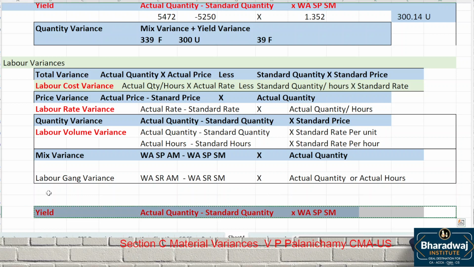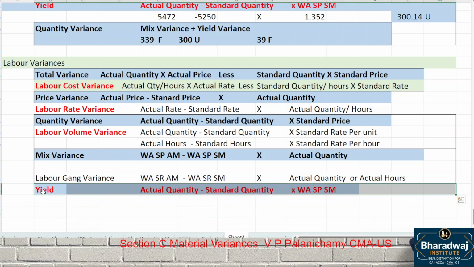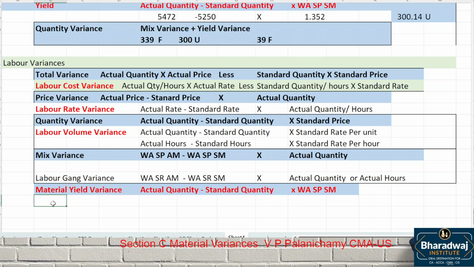Next one. In case of material, we use material yield variance. In case of labor, we call it labor efficiency variance. Labor efficiency variance. Okay. Same.